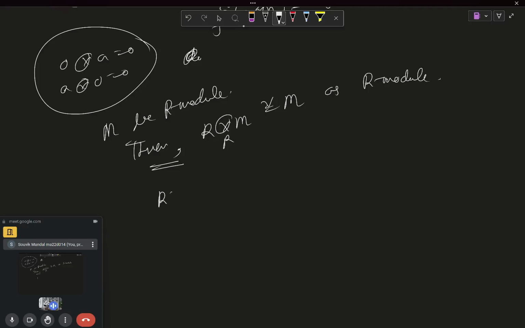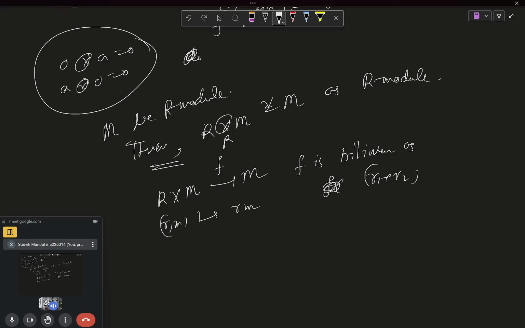For that, first we will define a map from R cross M to M, that is (r, m) goes to rm. It is not difficult to check that this map is bilinear, as (r1 plus r2) dot m is r1 m plus r2 m due to the module structure, and r comma (m1 plus m2) is equal to r dot m1 plus r dot m2.